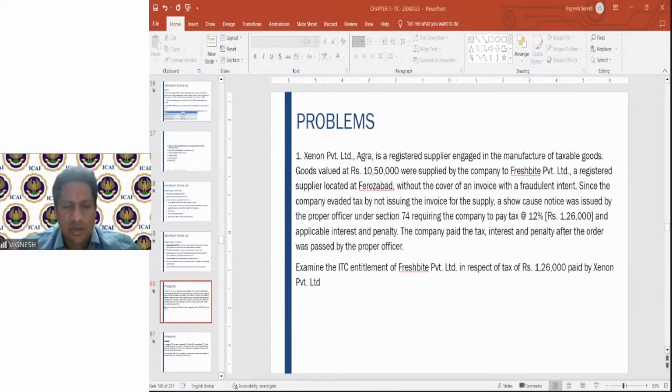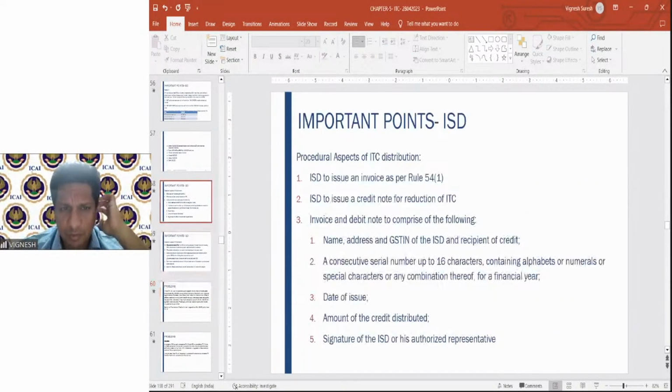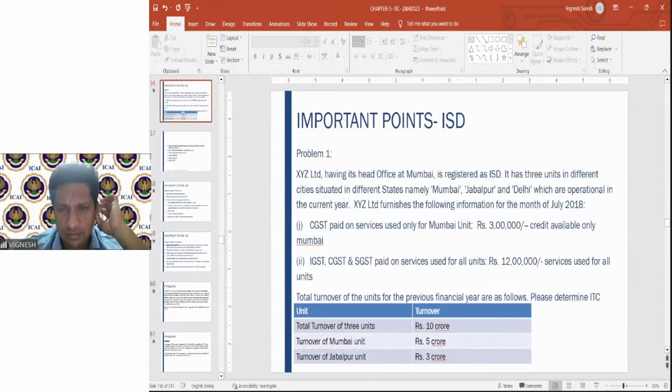Yes, you can assume that. You can make that assumption, Sriram. There is no problem. You can definitely make that assumption because the question was very brief and didn't give much clarity. Go to the question here. CGST 3 lakhs, services used for all the units 12 lakhs.